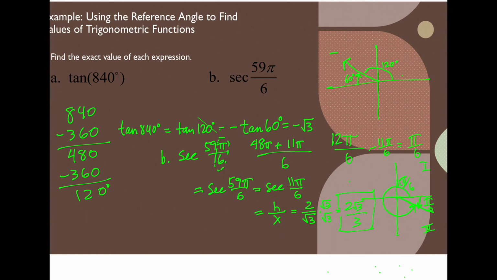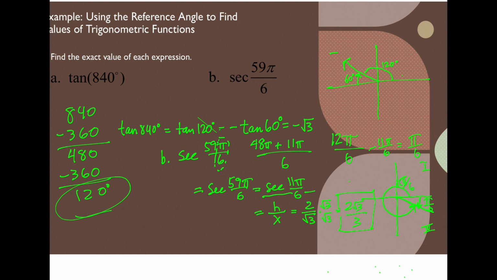So just to quickly summarize what we did here, we narrow it down, we take away until we get it into something that's between 0 and 360, or 0 and 2 pi. We figured out that 11 pi over 6 was the value between 0 and 2 pi. We figure out what quadrant that is, what the sign is, and with my reference angle what that would be equal to.